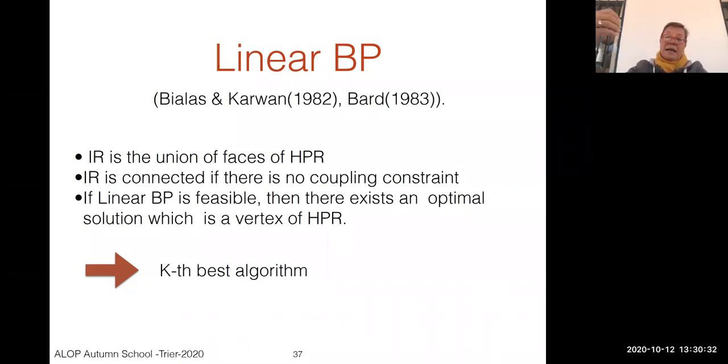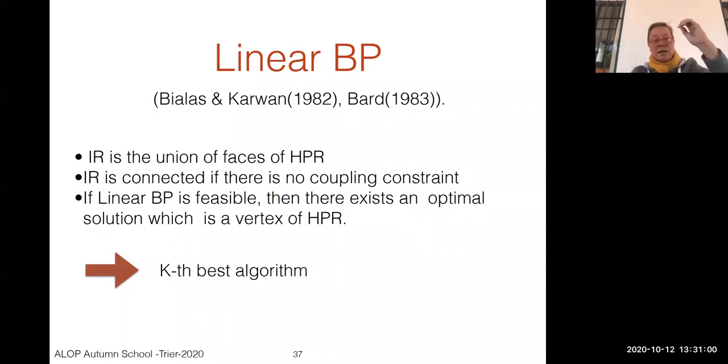And then for the given solution X that you obtain, you can find the optimal solution of the second level, and this gives you a feasible solution to the linear BP. So this gives you an upper bound, and you can exploit those bounds to accelerate the procedure. Okay, so this is the very general idea of what is known under the name of the K-best algorithm.